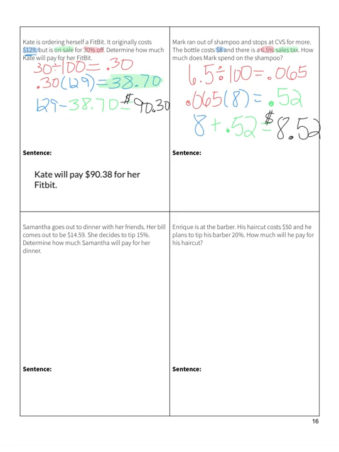And we're talking about money, so this is $8.52. So Mark will pay $8.52 for his shampoo. All right, make sure you have all of this recorded in your notes. Once you've done that, go ahead and try these two problems on your own.